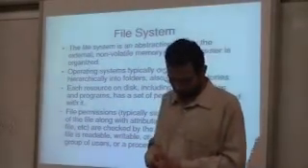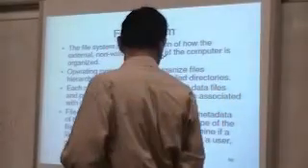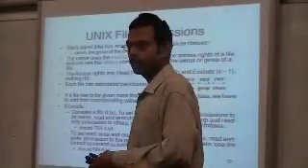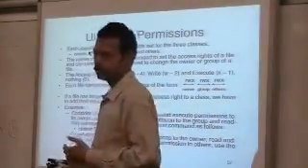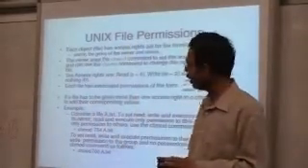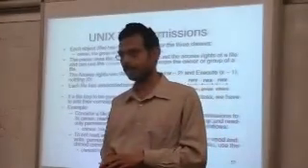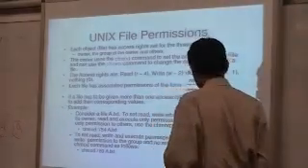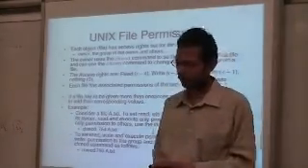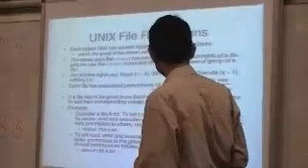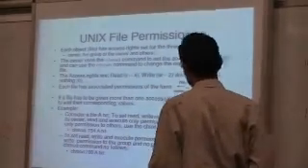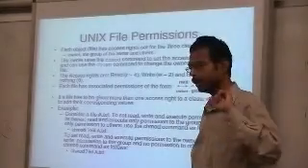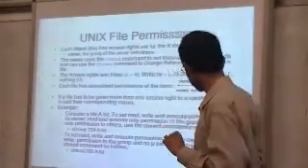Okay, so files are normally associated with permissions. So if a user wants to do something on a file, it's the responsibility of the operating system to check whether the user has permissions to do certain things on the file. So again, you will focus more on Unix here, and that's your second project also. In Unix, if you create a file, it has three levels of users.